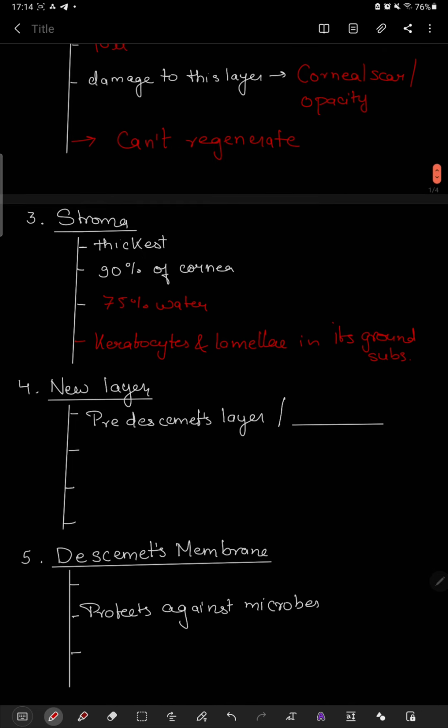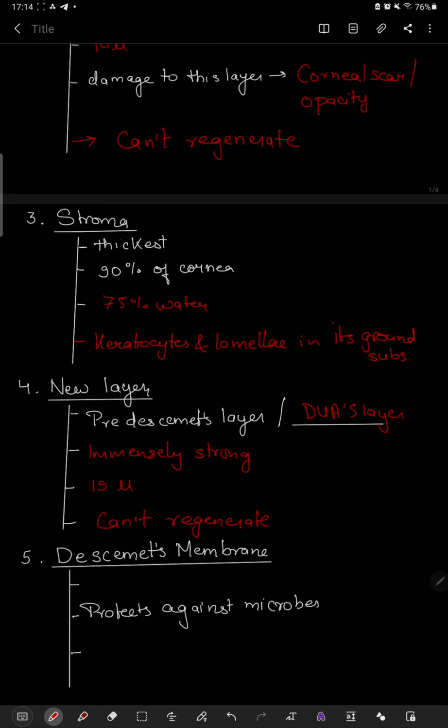The new layer is known as pre-Descemet's layer or Dua's layer. Why is it called Dua's layer? Because it is named after the scientist who found this layer. So this is the new layer added. It is immensely strong. It has 15 micron diameter, but it cannot regenerate.